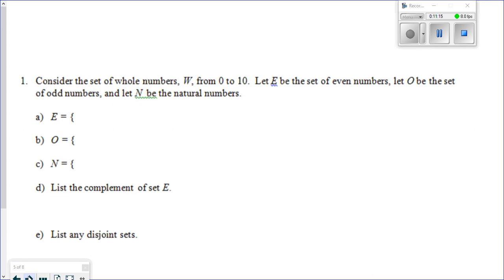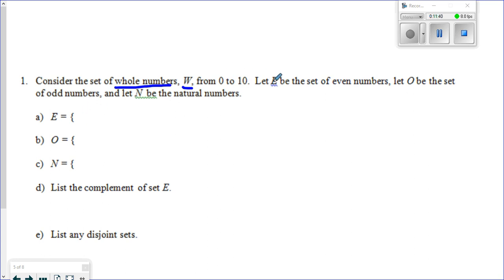A Venn diagram. We're going to get to Venn diagrams in a bit, but first we're going to look at another example question. It says, consider the set of whole numbers. This is kind of back to 10C. So whole numbers from 0 to 10. Whole numbers, again, include the number 0 and all of the positive integers beyond 0 as well.